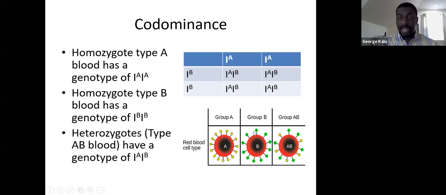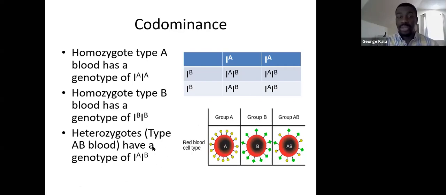Now, here's where codominance actually comes into play. If we are a heterozygote, we're going to have the type AB blood type, so our genotype is going to be IAIB. Because we have two different alleles, both of these alleles are going to show up, and this is where we see codominance. We're going to find the A protein and the B protein both present on the red blood cells.